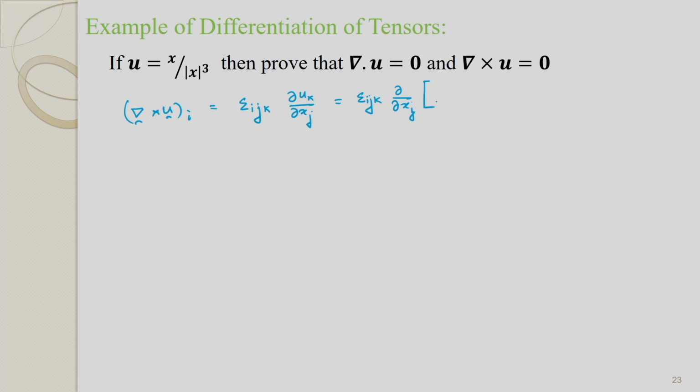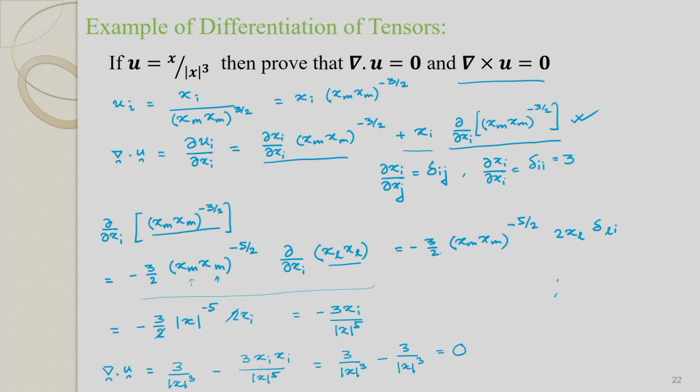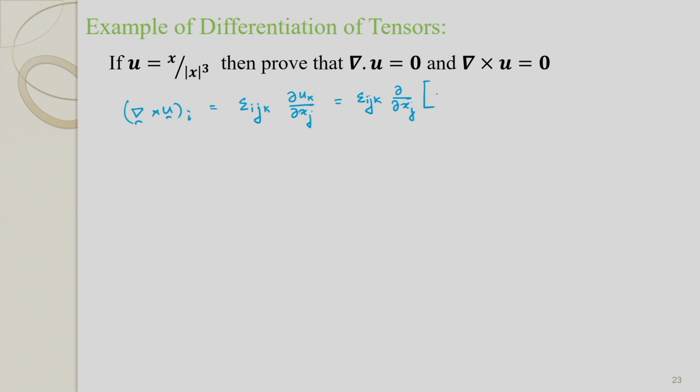Now if you see the previous slide, uk is nothing but this. We have to just replace i by k. So it is xk xm to the power minus 3 by 2. Now, again we will use the product rule.